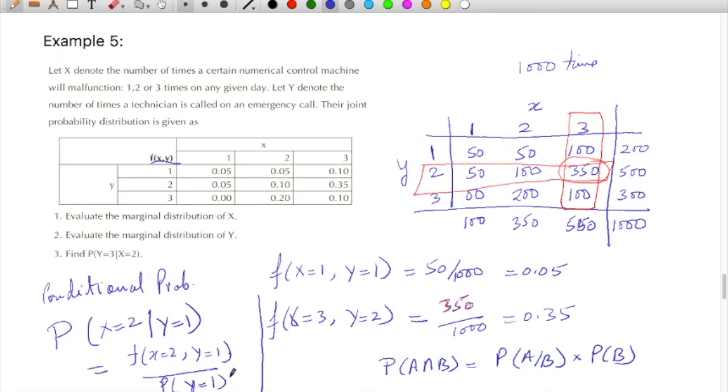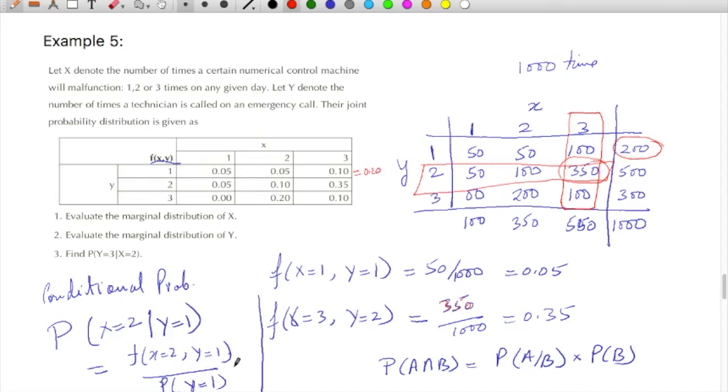So what is the probability of getting y equal to 1? It is the condition when the operator is called once in an emergency irrespective of the machine's malfunction. So that is the total sum 200, divided by 1000. So the probability is 0.20.